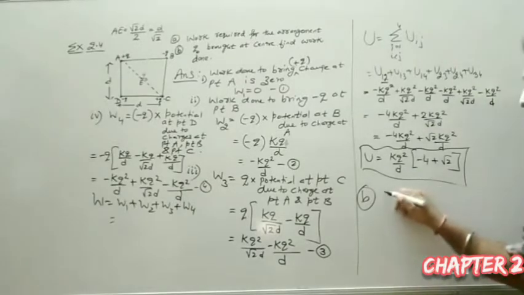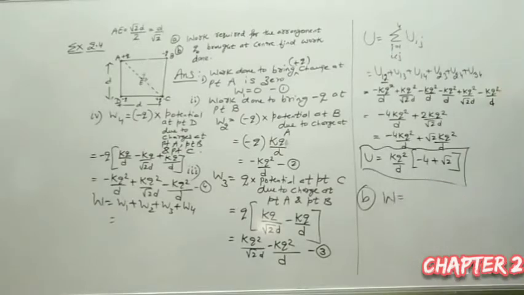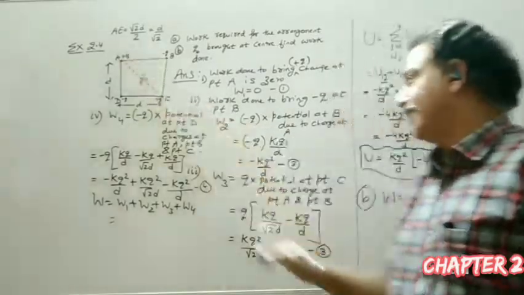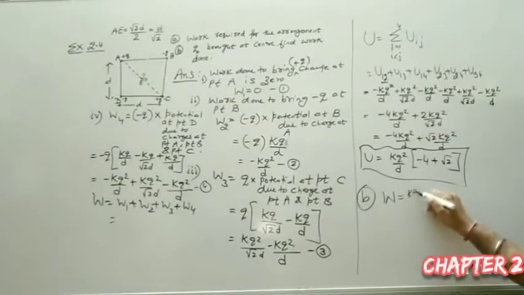Or let us say work done, if you have to write it down, is equal to, now you have to bring Q naught charge. So Q naught brought against A, directly k Q naught upon d by root.